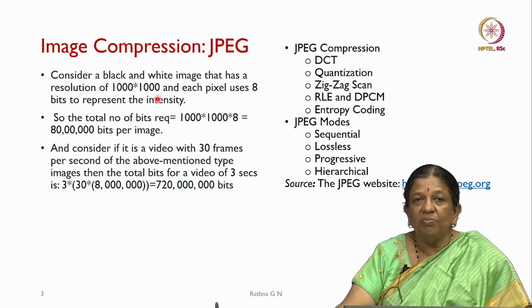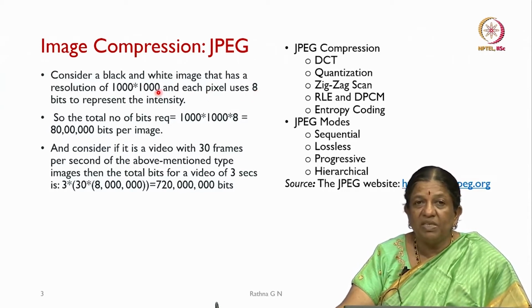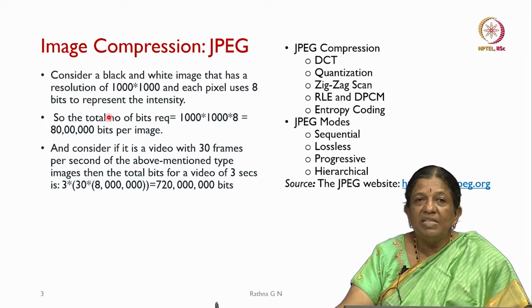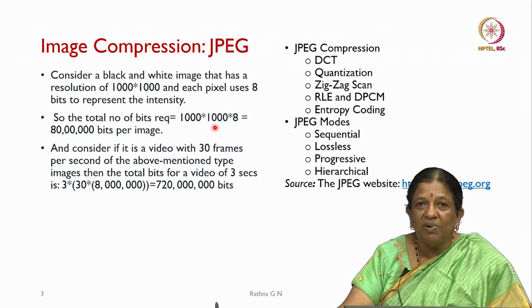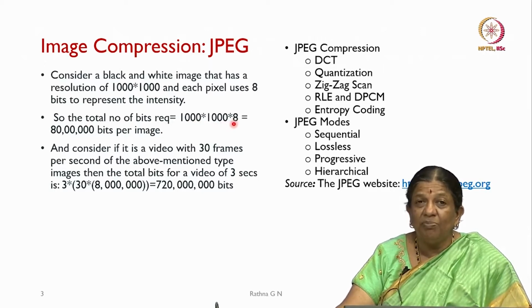We know that for black and white, 0 to 255 is enough, so 8 bits are sufficient to represent the intensity of these pixels. Now the total number of bits required: if we multiply 1000 by 1000 into 8 bits, it comes to about 80 lakh bits per image.